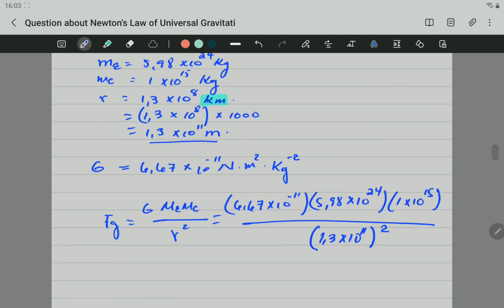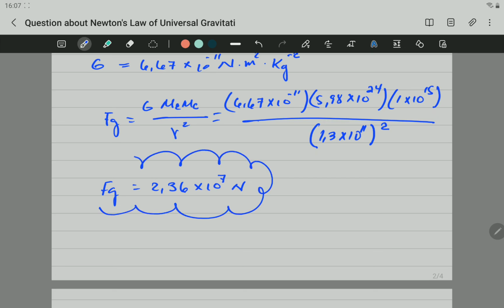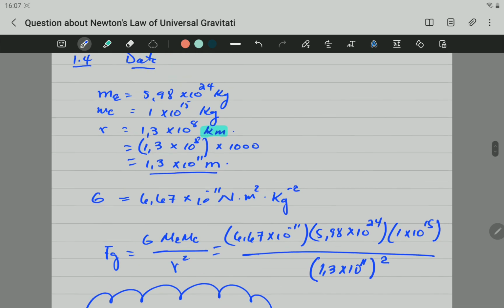This is the substitution. The final answer is 2,36 times 10 to the 7 Newton. That is the magnitude of the force of attraction between Halley's comet and the Earth.